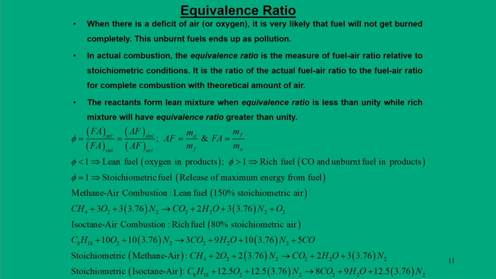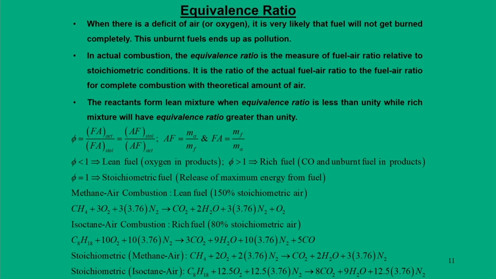Instead of talking about air fuel ratio or fuel air ratio, another parameter is defined, the equivalence ratio, which is the measure of the fuel air ratio relative to the stoichiometric conditions. Complete combustion refers to a stoichiometric chemical reaction between fuel and air, while incomplete combustion is a non-stoichiometric situation.